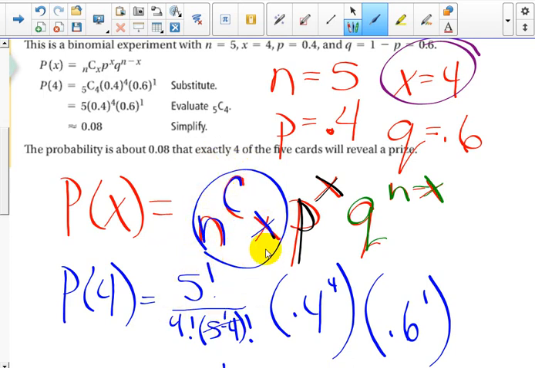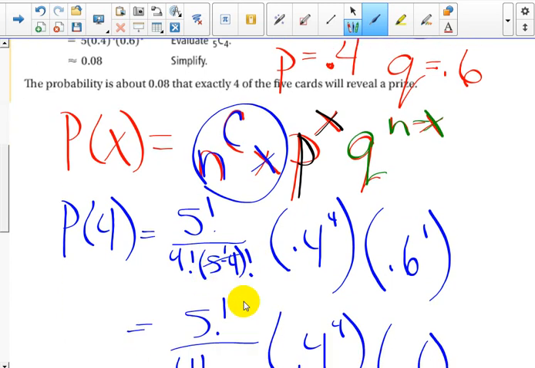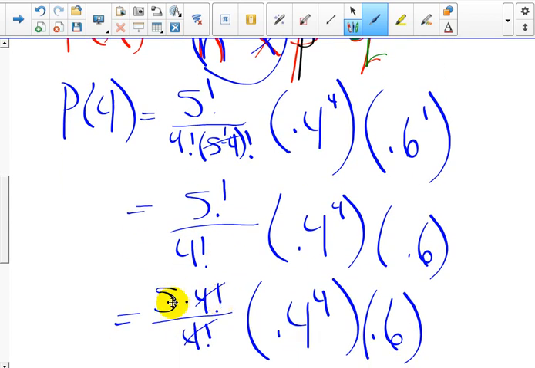It was 5 factorial over 4 factorial times 5 minus 4 factorial. That comes out to 5 factorial over 4 factorial, which is just 5.